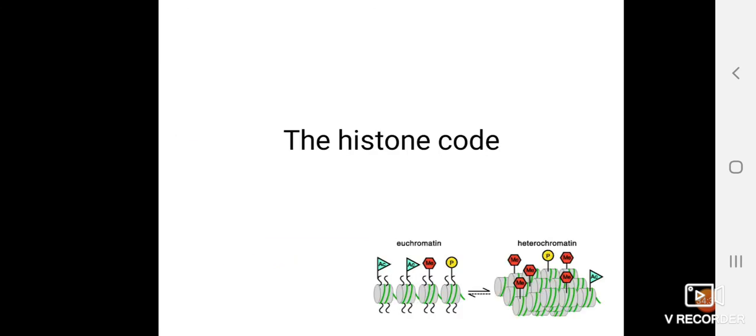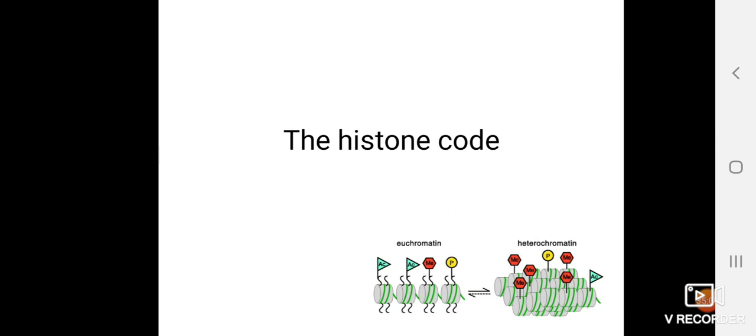There is one more very important concept we come across, called the histone code. This histone code part I think I'll discuss in the next video. So just remember, several varieties of modifications take place at the histones, starting from methylation, phosphorylation, acetylation.